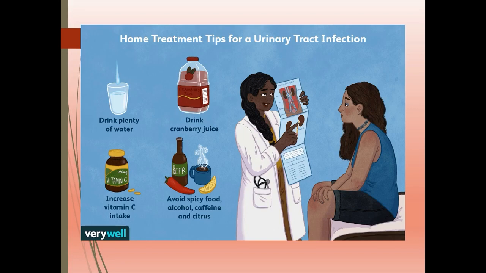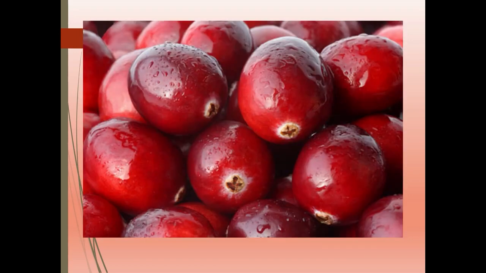So these are some home tips: drink plenty of water, drink cranberry juice, increase vitamin C intake, then avoid spicy foods, alcohol, caffeine and citrus. Now this is the image showing a cranberry picture.